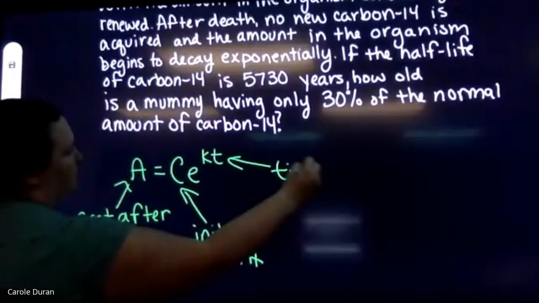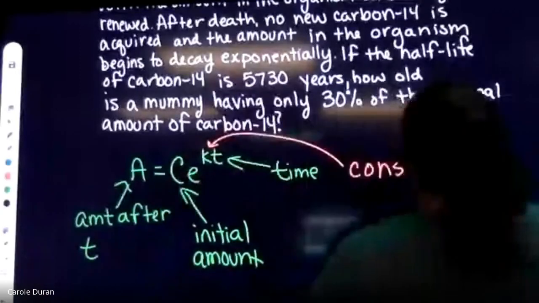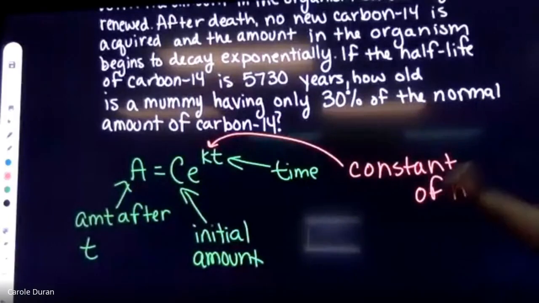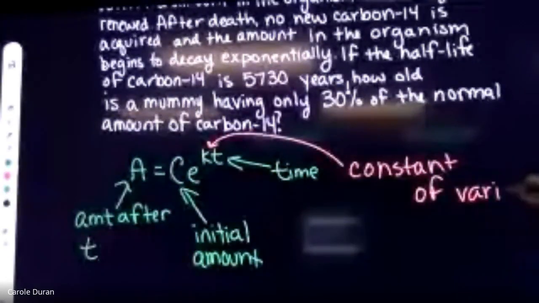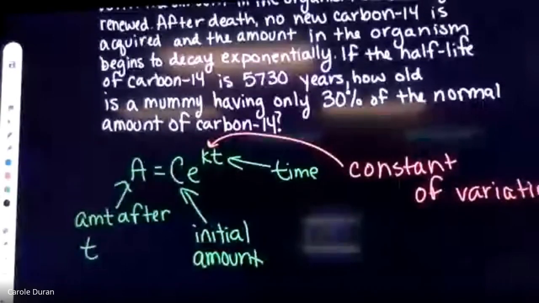And K is called our constant of variation. So this K value right here dictates how quickly or slowly my model is growing or getting smaller. This is typically the value that you're going to have to solve for.